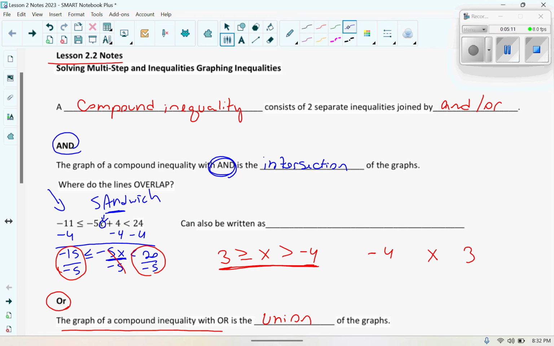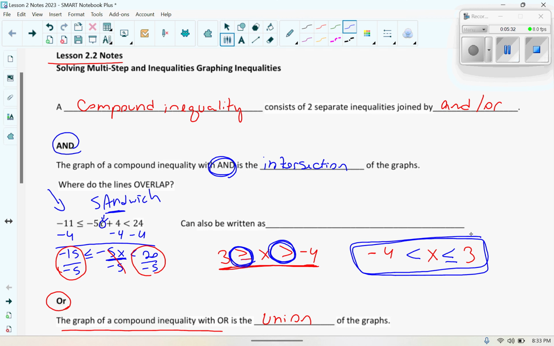Notice the way the sign is between the x and the 3, it's going to be like that, and the sign between the x and the -4, it's going to look like that. So this is the correct way to write the inequality.